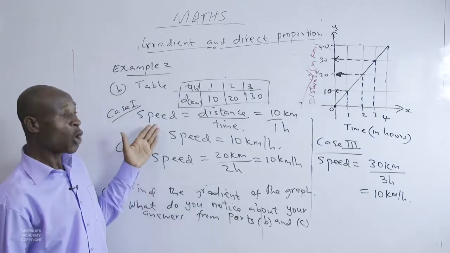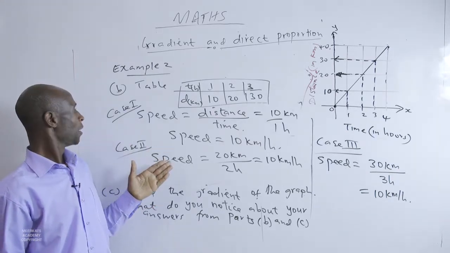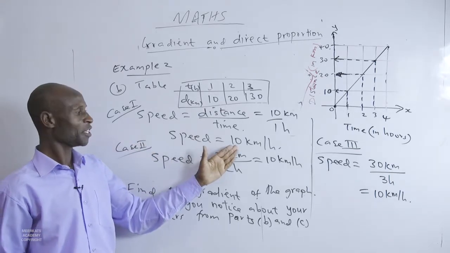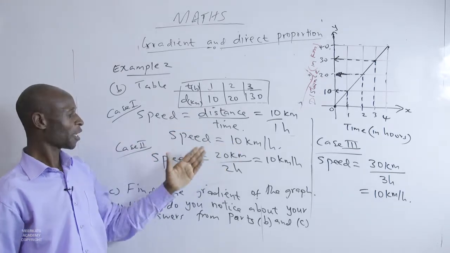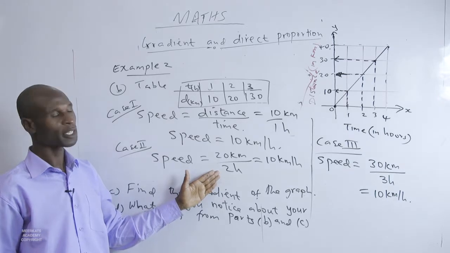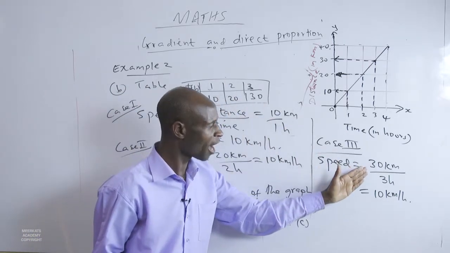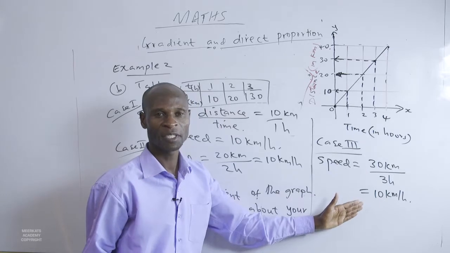So you might have noticed that in case 1, the speed is 10 kilometers per hour. Case 2, the same, 10 kilometers per hour. If you use the third value, the speed is still 10 kilometers per hour.